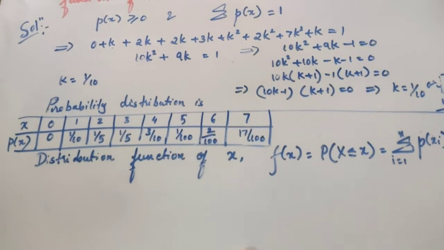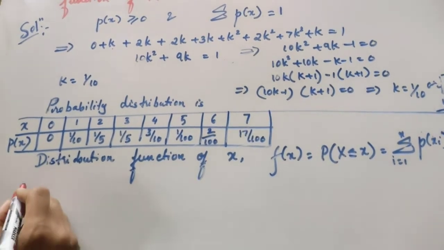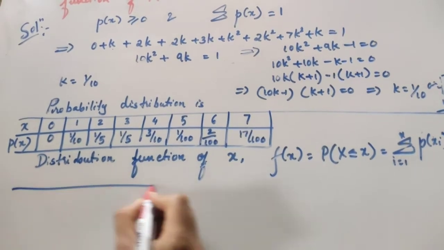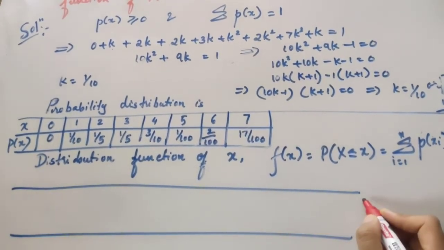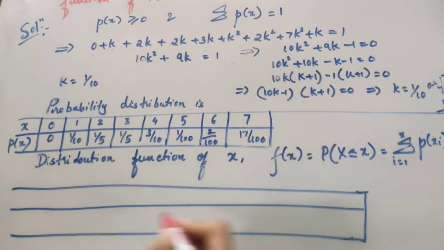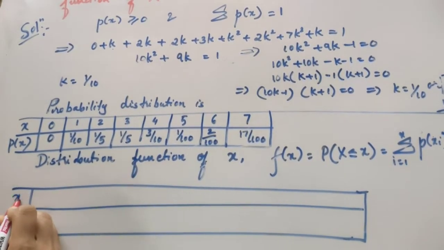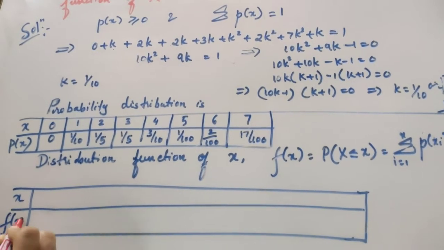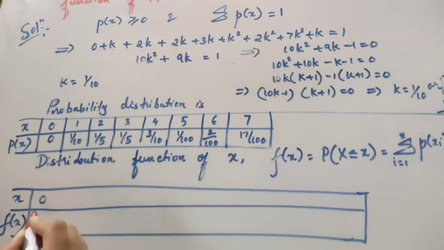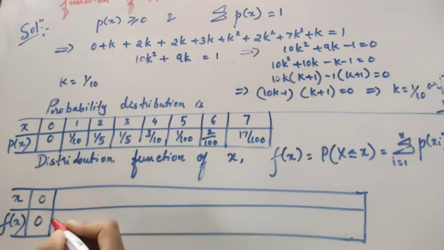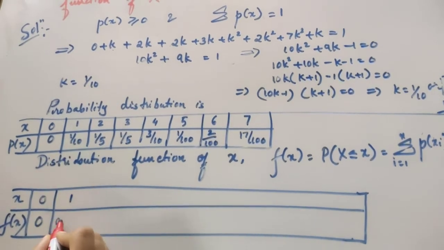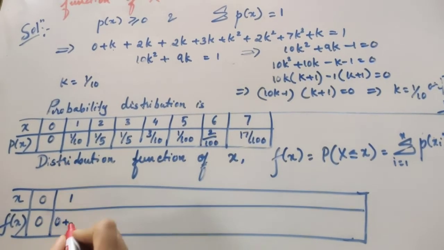By this definition, let us construct our table which defines the cumulative or distribution function of X, one and the same. Here we have x and here F of x. When x is 0, it will be 0 only. Next, for 1, it will be 0 plus 1 by 10, which is 0.1.